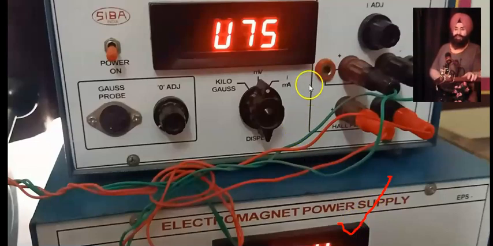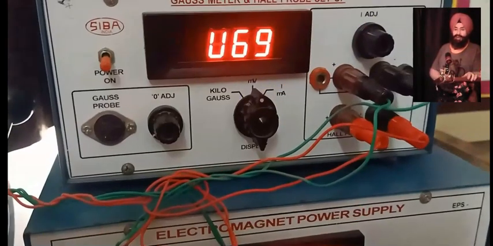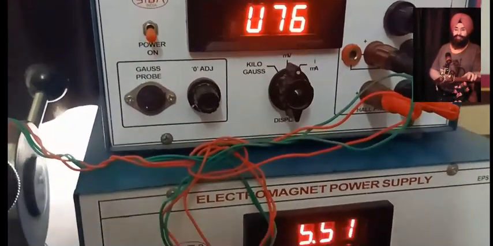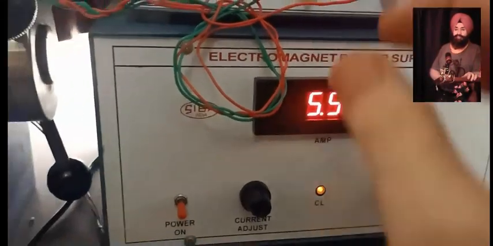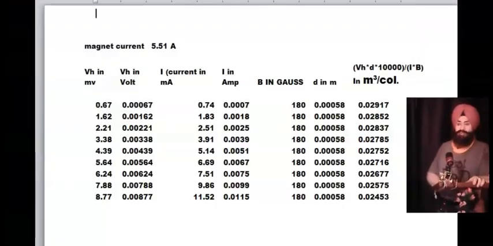What we are varying is the current passing to the semiconductor chip with this knob, and each time measuring the Hall voltage. Okay, the data is now over.